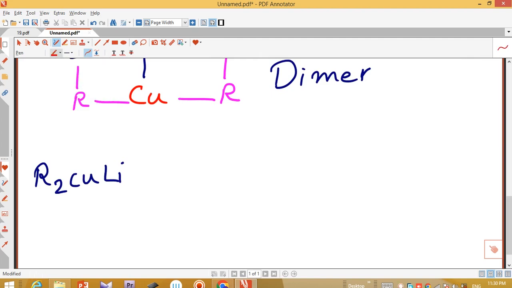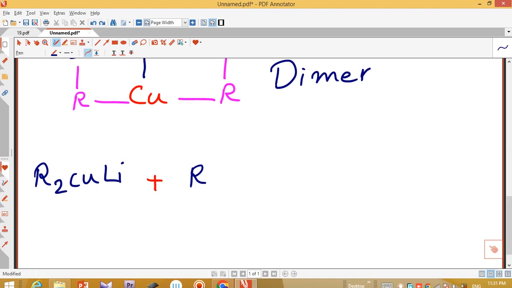And what else? We should have one substrate, R prime X. This is the thing that makes our alkanes. Sorry, let's correct it.